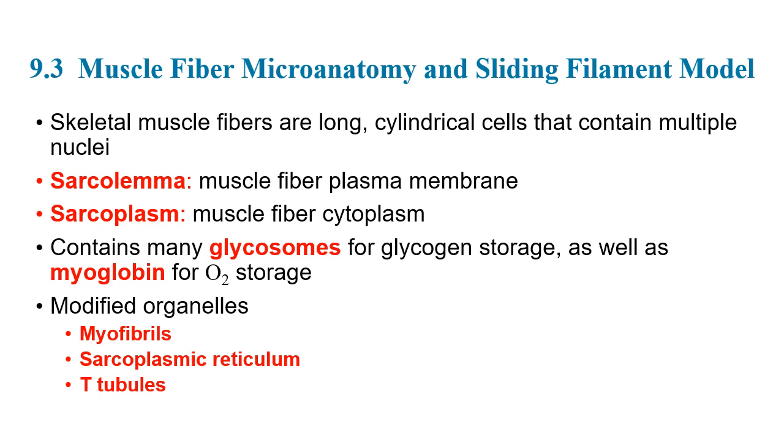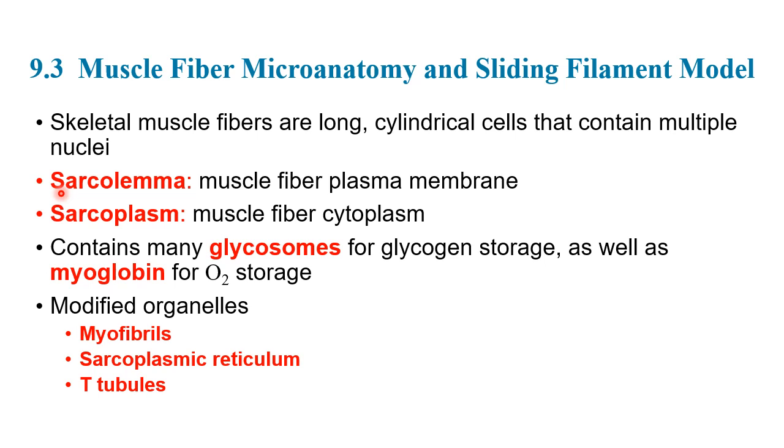Basically, you always have to keep in mind the sliding filament model, because in order for the muscles to contract, you have filaments that slide on each other to make this structure shrink, to get into closer proximity.